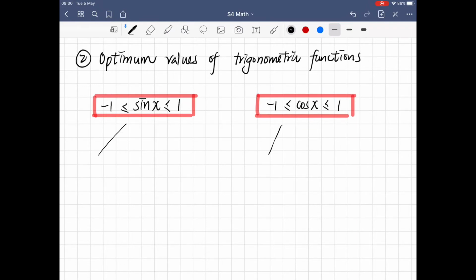Sometimes we will change a little bit. So for example, sine ax and cosine ax. So for the a, it can be any numbers. No matter we use any number in front of the x, the maximum for sine and cosine will also be 1, and for the minimum, it will also be negative 1.